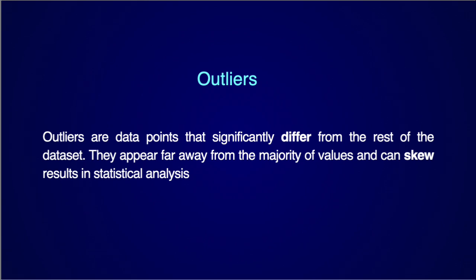For example, if in a dataset we have the values 1, 2, 3, 4, 5 and 100, the value 100 is an outlier because it is not following the normal range. So why do outliers matter? Because outliers can skew the results of statistical measures like mean and standard deviation, making them less representative of the overall data.